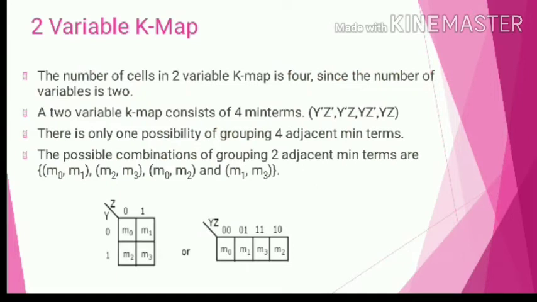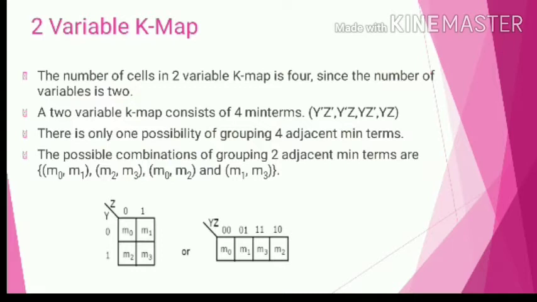First we'll see the 2 variable K-map. In a 2 variable K-map, the number of cells is 4 because 2 power 2 equals 4. So a 2 variable K-map consists of 4 minterms.